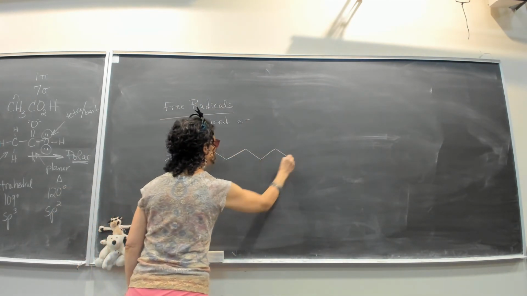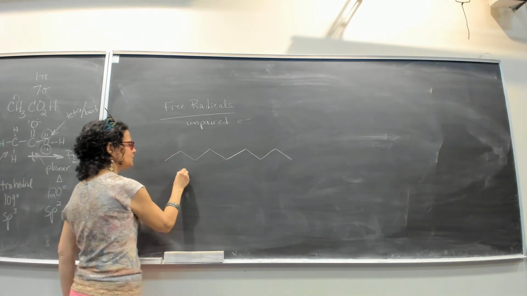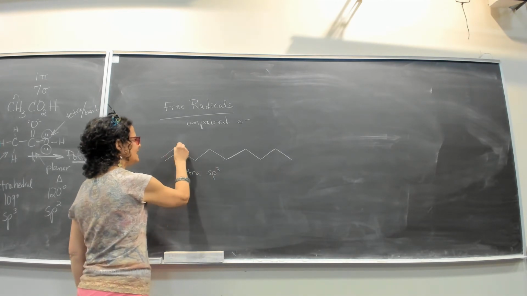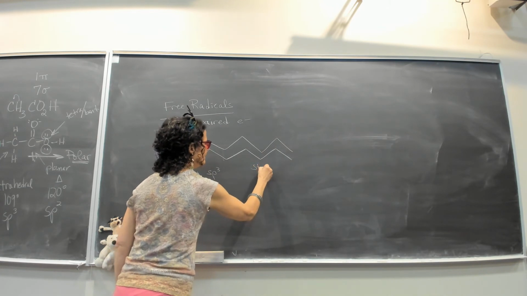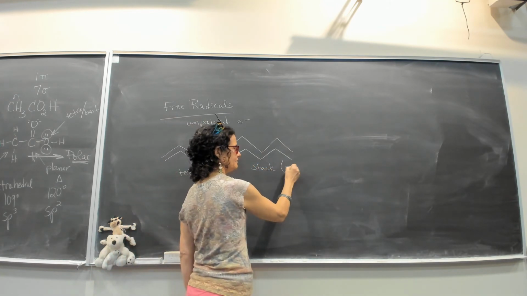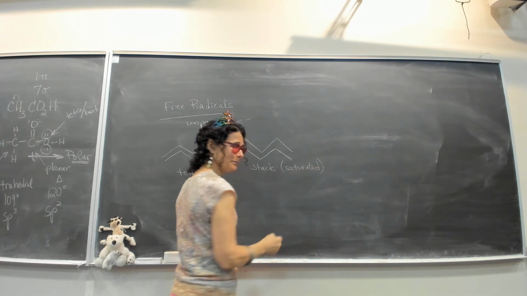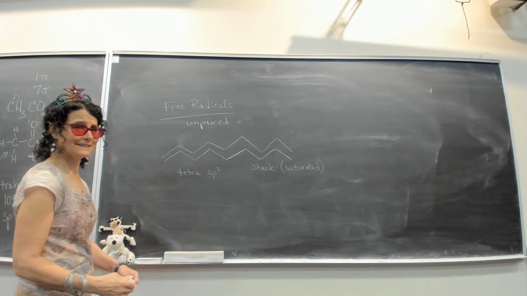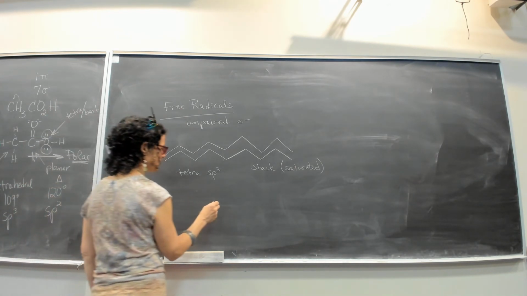And so I wanted to mention that because if you have all single bonds, they make a tetrahedral or an sp3. And these guys can stack. And we call this saturated. And we're going to talk about this when we get into organic chemistry. And I'm not going to stop and go back and edit because that's a lot of time. What I was going to get at is what we just did with the double bond.